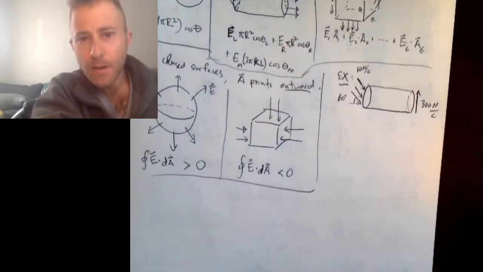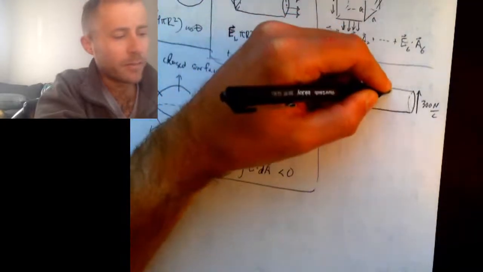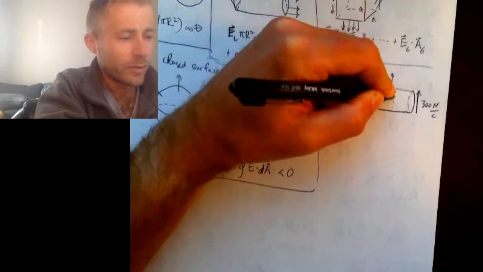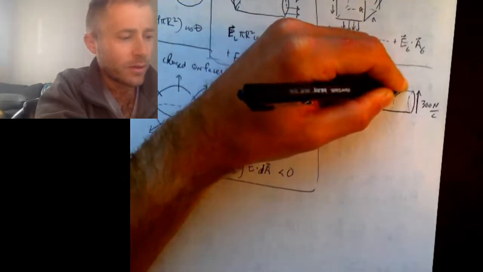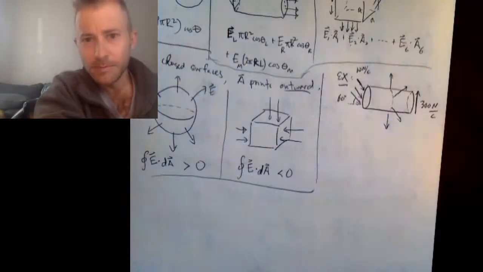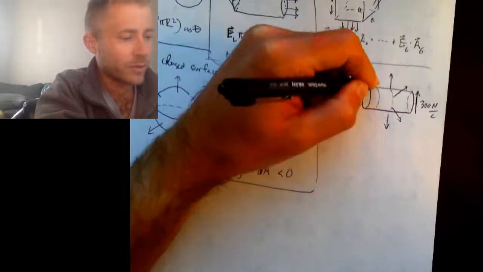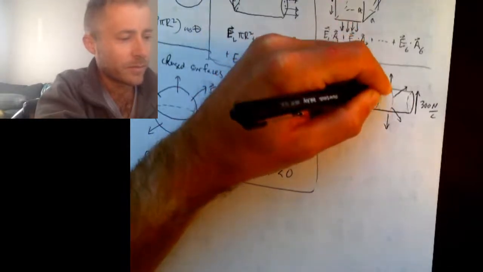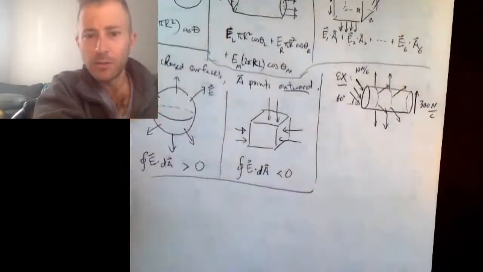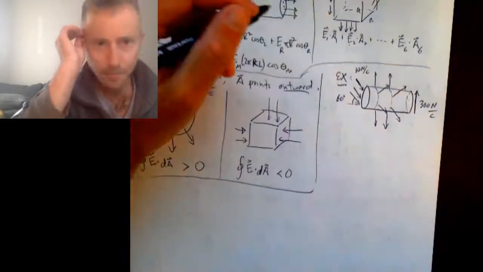And then along the middle section of the cylinder is an electric field that points radially outward, so it points directly away from the axis of the cylinder.